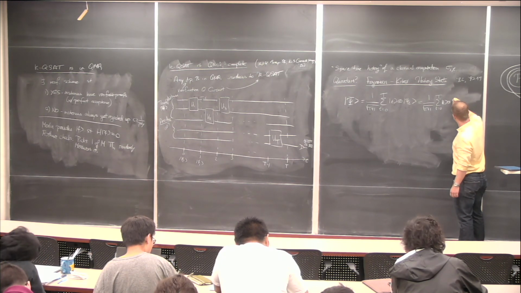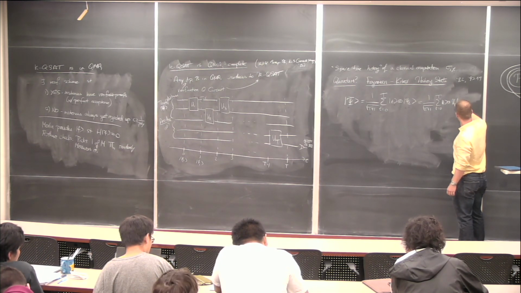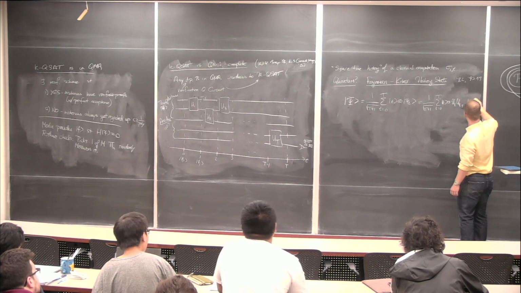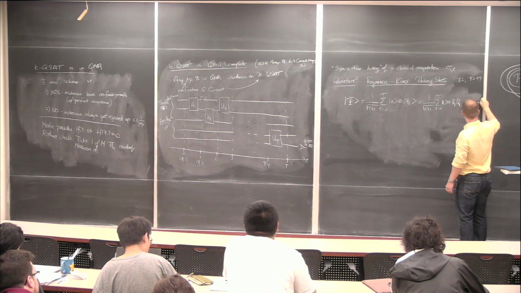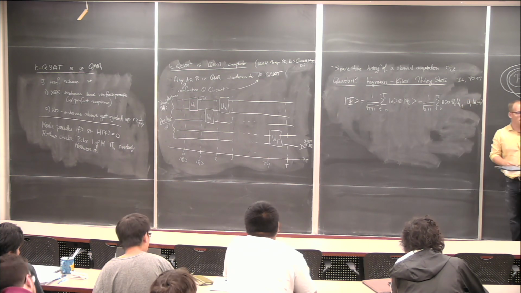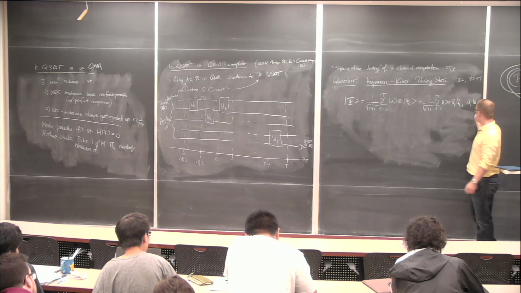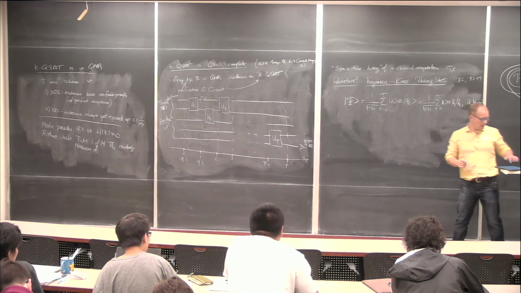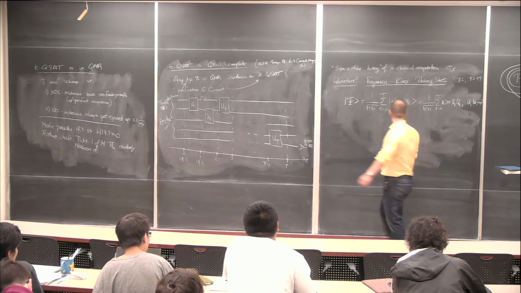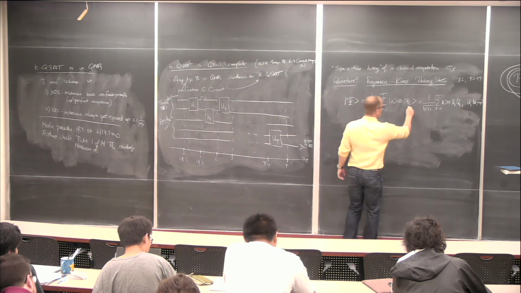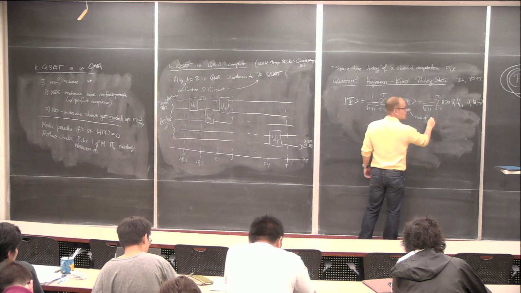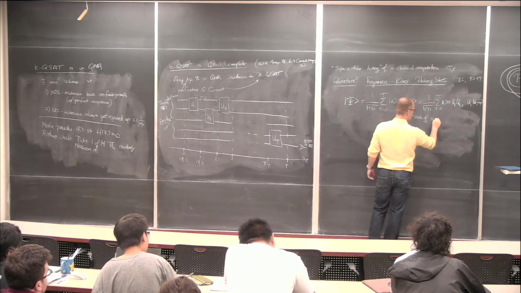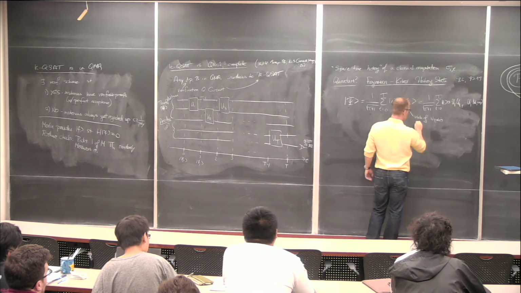Tensor U_T through U_1 acting on, we called it, w comma 0, 0, 0, whatever the input state was. Okay, so that was the intermediate state at each stage. So what are the pieces of this? This is obviously, as we just said, the state of n qubits at time t.